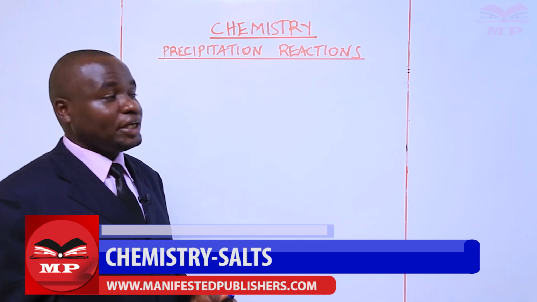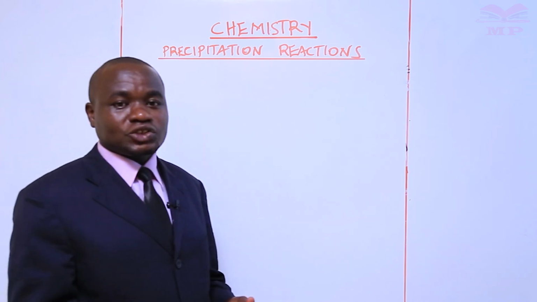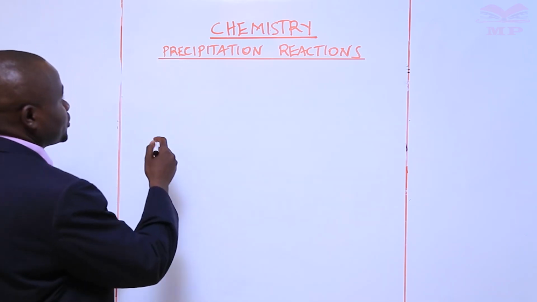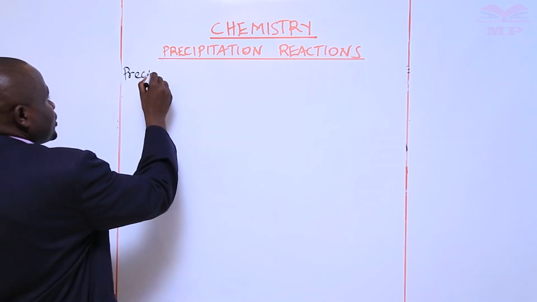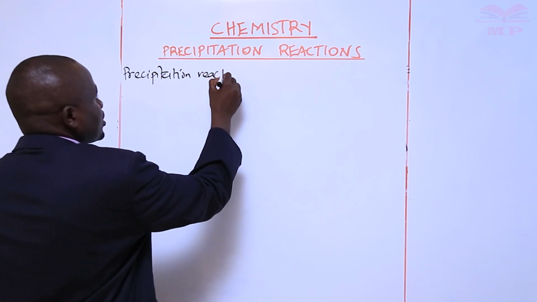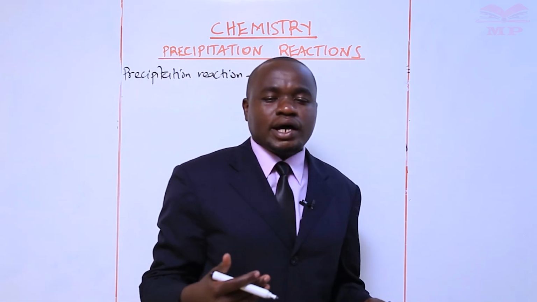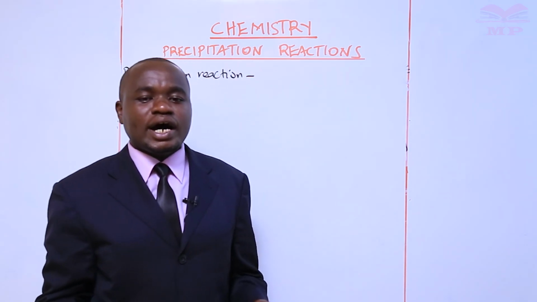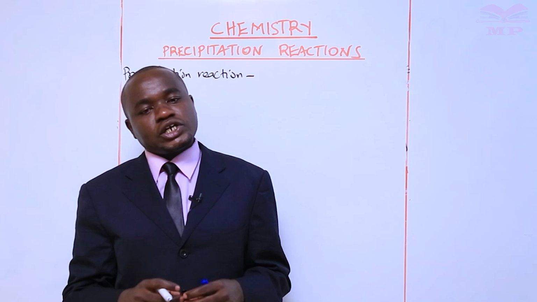Let us start by defining what a precipitation reaction is. So you'll realize that we have some reactions which take place, and one of the products that comes out is normally a solid.